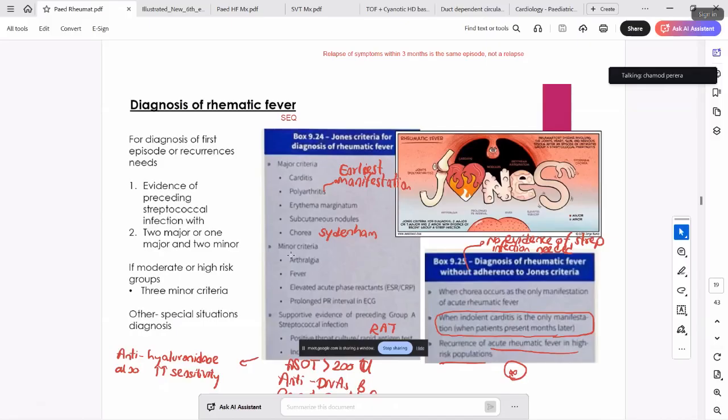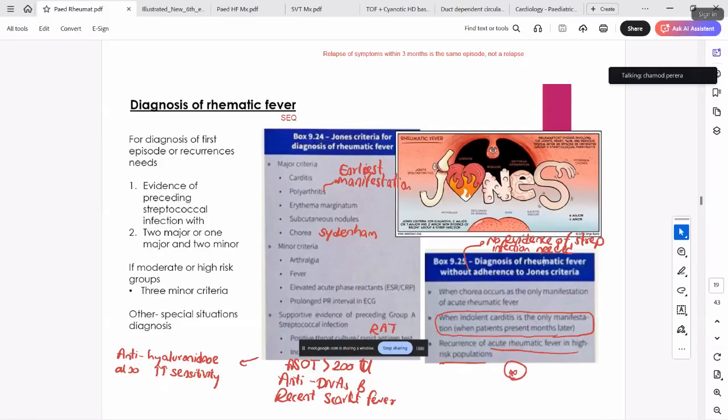Because the paediatrics paper SAQ marking is a bit tough, it's better to write the entire diagnostic criteria, even if you think it is not relevant. And the 3 minor criteria is also there, but it's not really a concern, right?